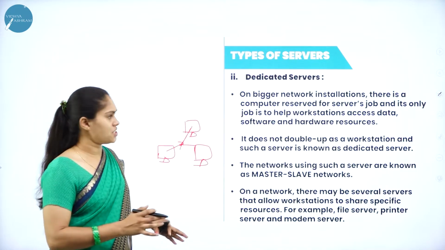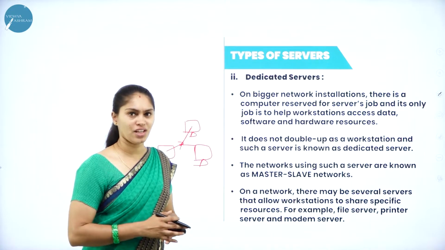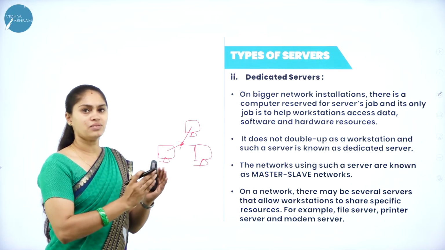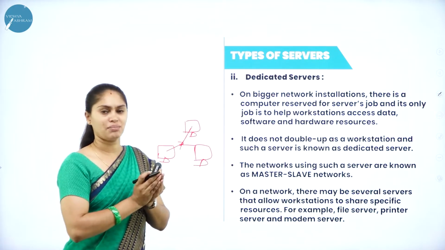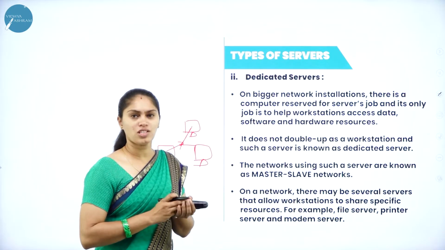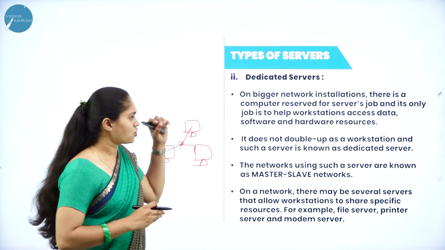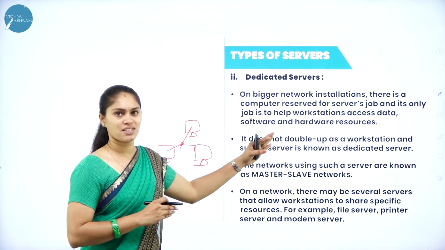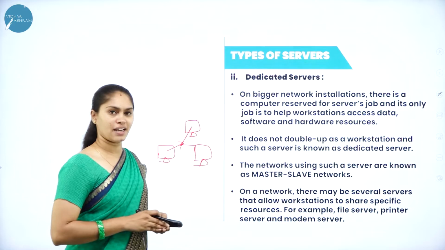If you consider a bigger network installation, at that time a server is going to act only as a server. That means it will provide the facility as a service. So it will allow us to share data and information. If it is acting only as a server, it will be considered a dedicated server.